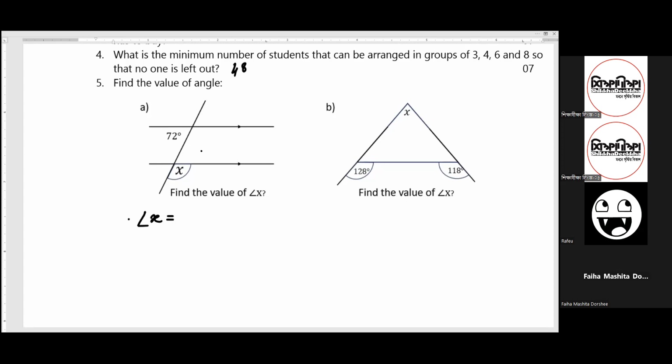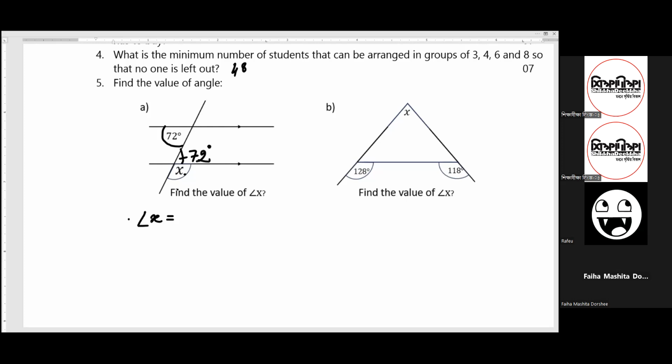Why that is, let's notice. If you look at this angle, then this is going to be its alternate angle, right? Since this angle is interior and the other angle is on that side, this angle is actually its alternate angle, so this is also 72 degrees, and x and 72 degrees are supplementary.